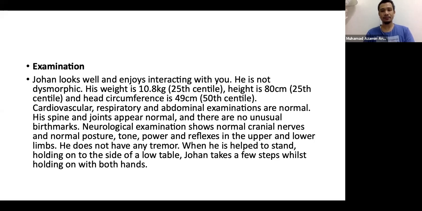Okay, so now can you make a working diagnosis based on the history and examination? What will be your top working diagnosis?